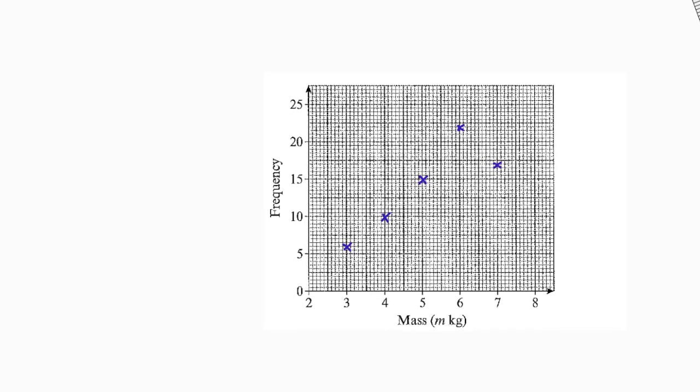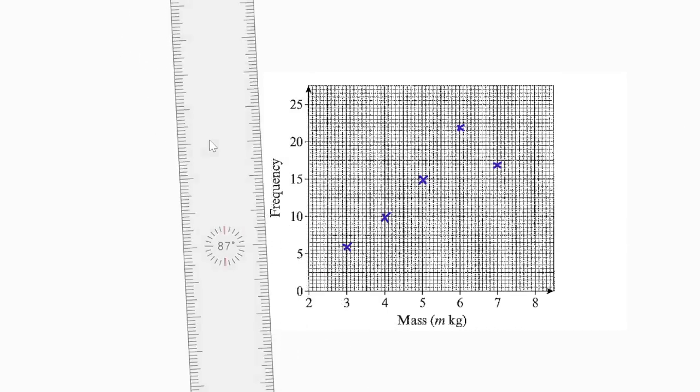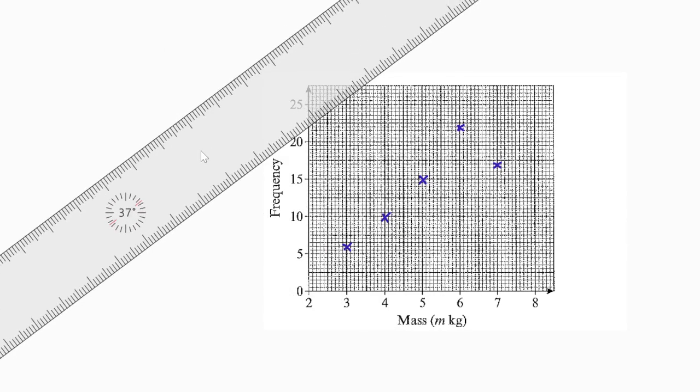And again, we just need to join those points up with a ruler. This is a bit slow, I do apologise. I have to scroll it round.